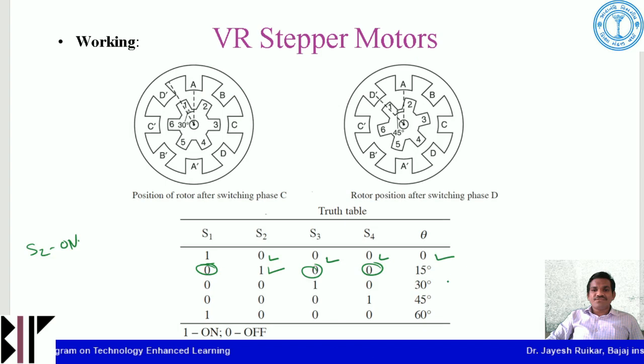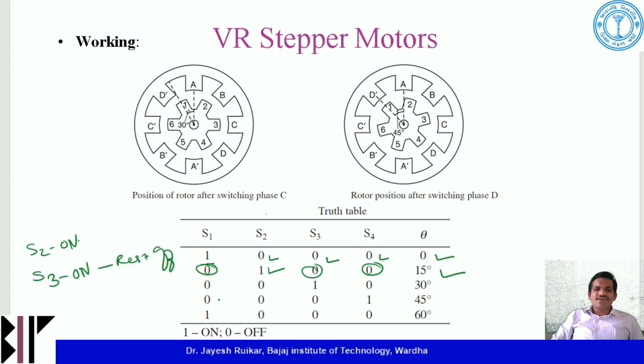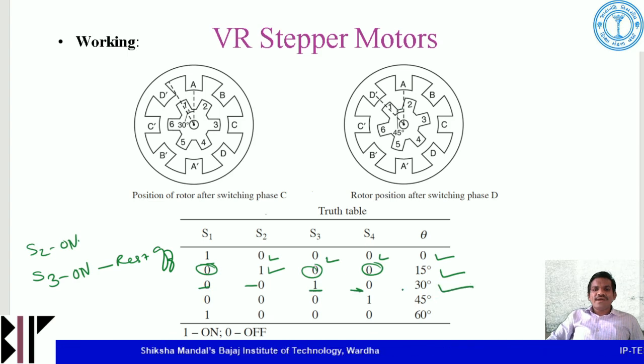In the next condition, we make S3 on and the rest off, so S3 will be 1, and S1, S2 and S4 will be 0. Again we get a 15 degree step angle.